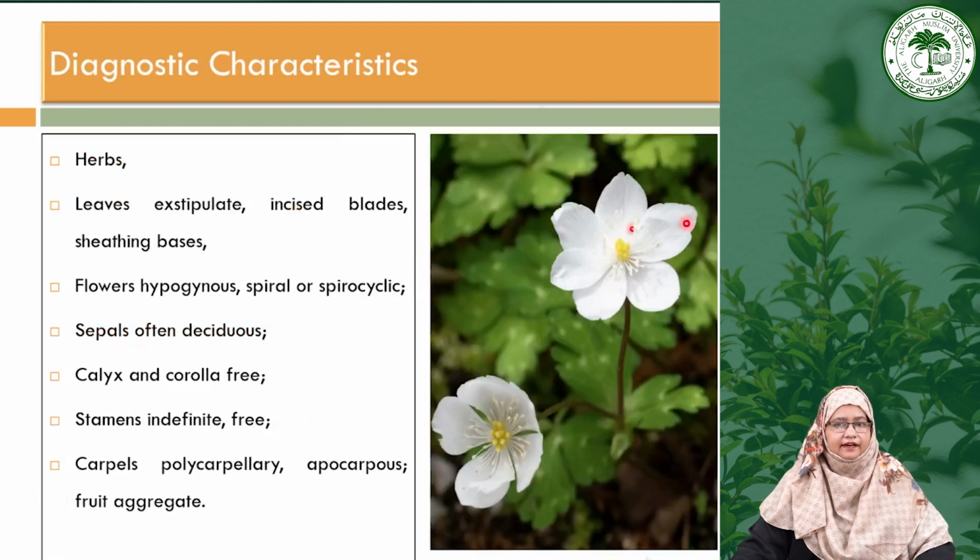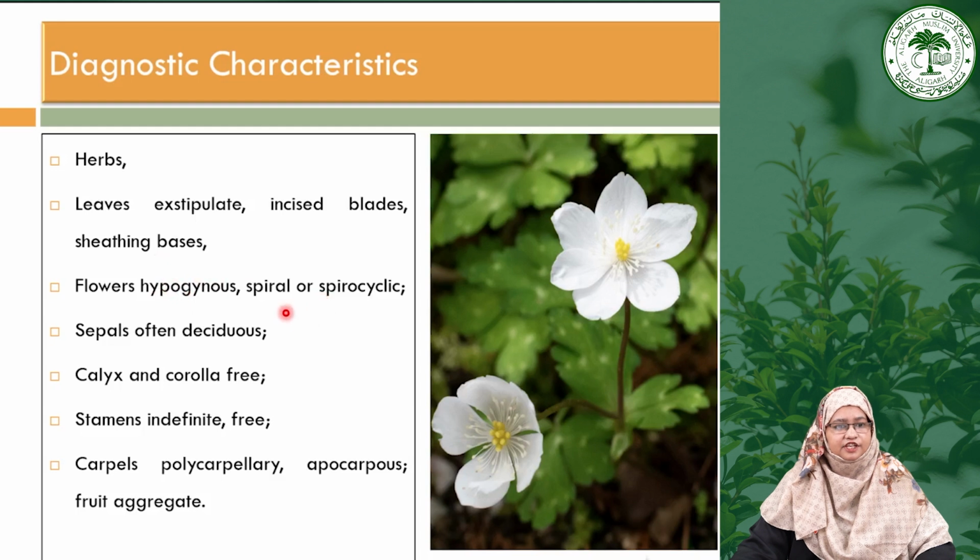As we have earlier discussed the different characteristics of the family Ranunculaceae, this slide shows the diagnostic characteristics of this particular family. As we have already seen, this plant family has mainly herbaceous plants and the leaves are exstipulate with incised blades and sheathing bases, and the flowers are hypogynous.